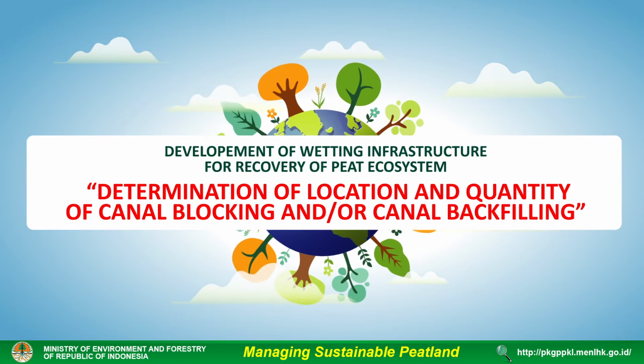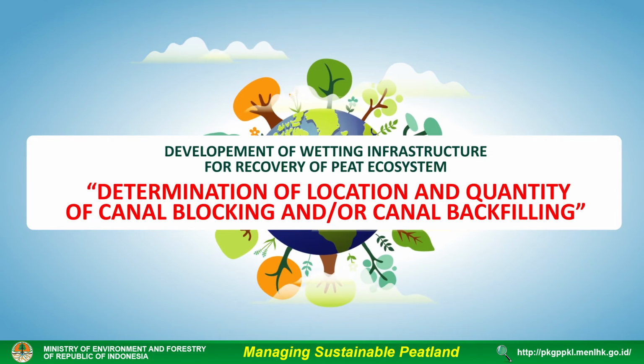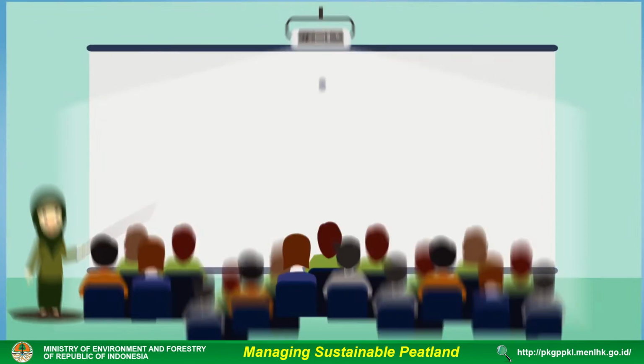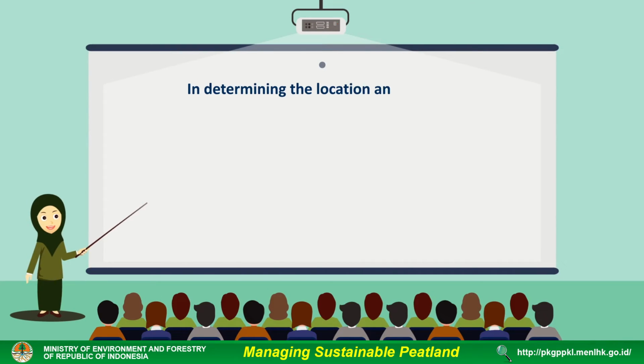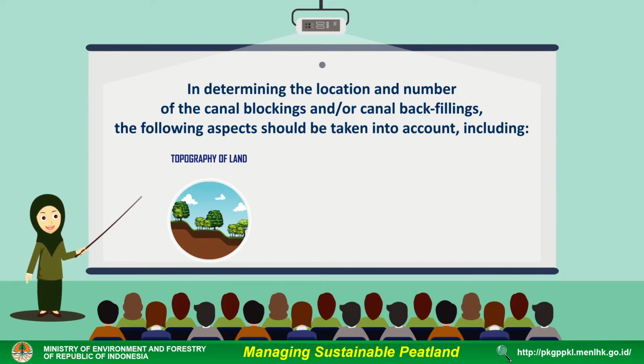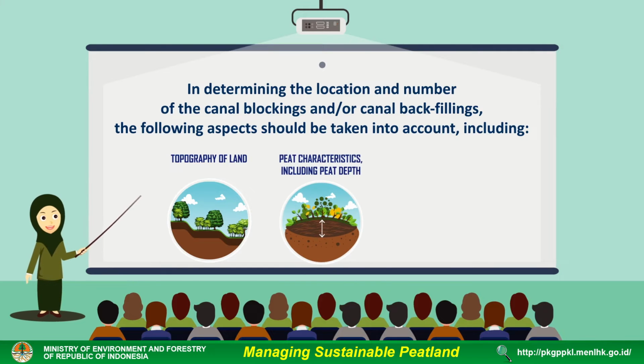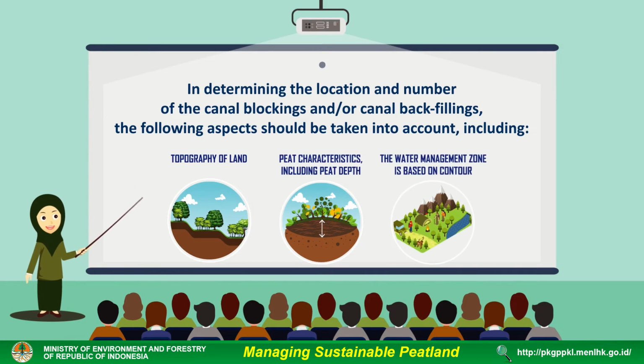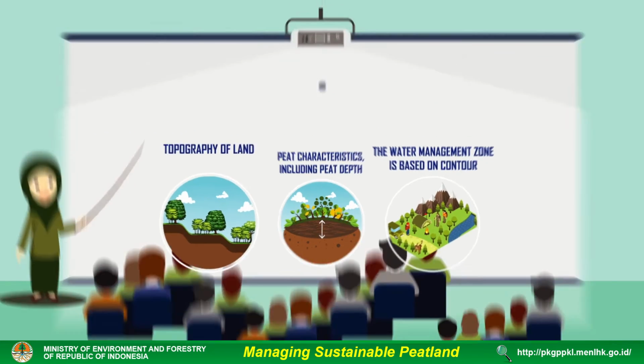Determination of location and quantity of canal blocking and/or canal backfilling. In determining the location and number of the canal blockings and/or canal backfillings, the following aspects should be taken into account, including topography of land, peat characteristics, including peat depth, and the water management zone based on contour.